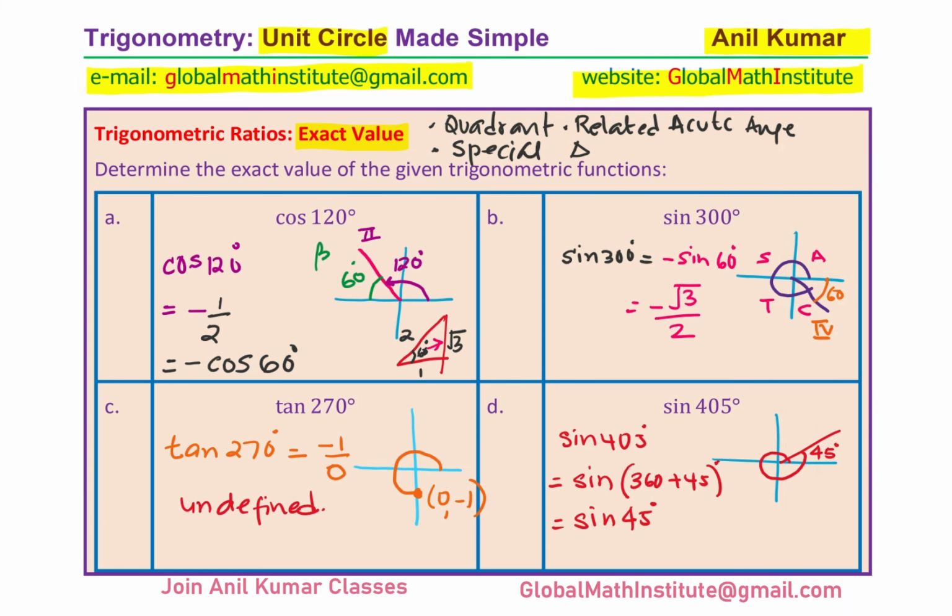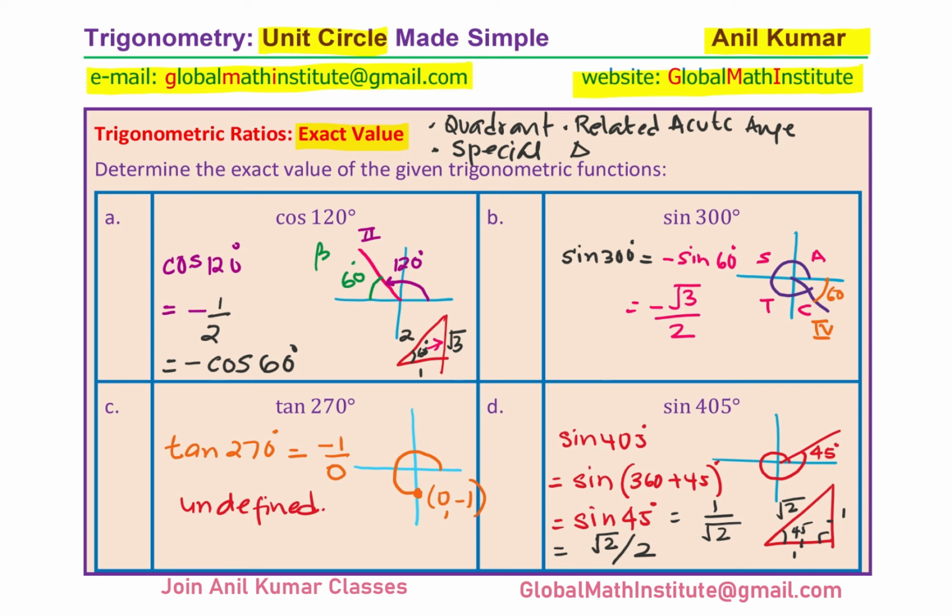Now look into the special triangle. Sine 45, it is an isosceles right triangle, correct? Where if all the sides are 1, the hypotenuse is square root 2, and the other two sides are the legs. So we get 1 over square root 2. As you know, we rationalize and then write the answer. So our answer should be written as square root 2 over 2. Make sense? So that is how we could find the exact values of these trigonometric ratios.